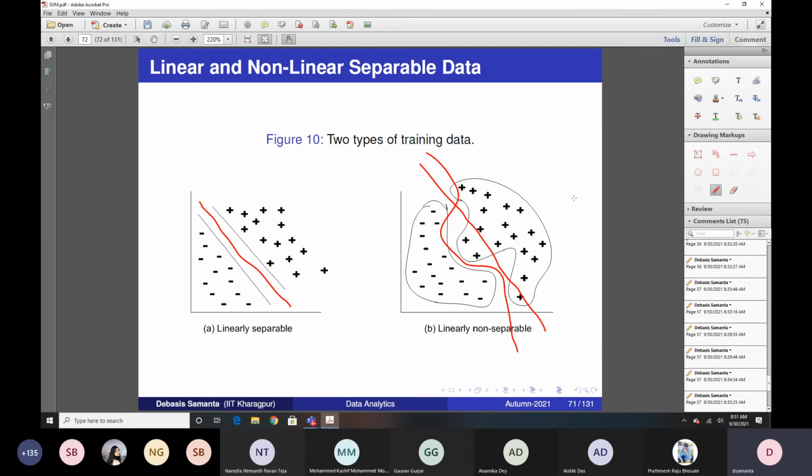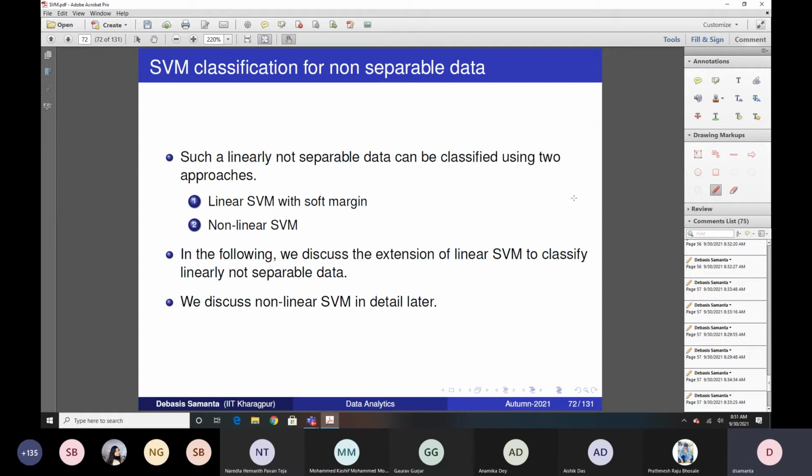Now the idea is that linear SVM is not able to solve the overlap data, or data which are not linearly separable. But here is a good point: even the linear SVM which we have learned can also be applied to solve data which are not linearly separable.